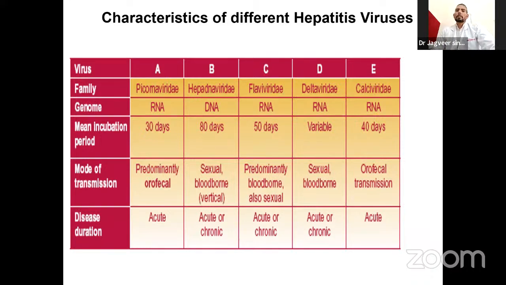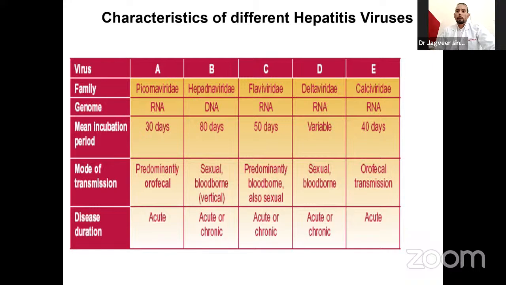The mode of transmission is predominantly feco-oral in case of A and E, and predominantly parenteral in B, C, D. In case of B, it is predominantly sexual, while in case of C it is predominantly by blood or blood transfusion. The incubation period is around 1 month in case of A and E, and is highest in the case of B, which is 80 days.